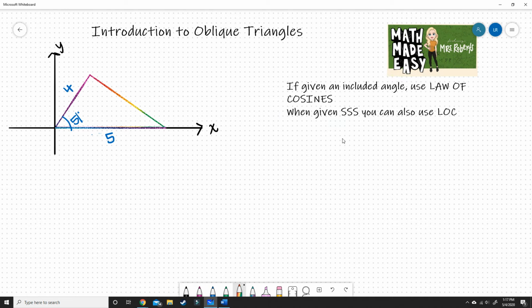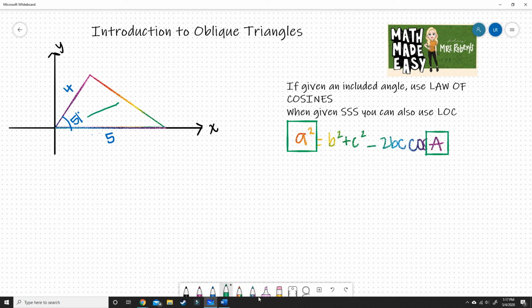The formula for law of cosines, which I did not derive, is a squared equals b squared plus c squared minus 2bc cosine of A. A good way to memorize this is that the a squared on the outside is the side opposite the included angle, which is what you are always searching for.